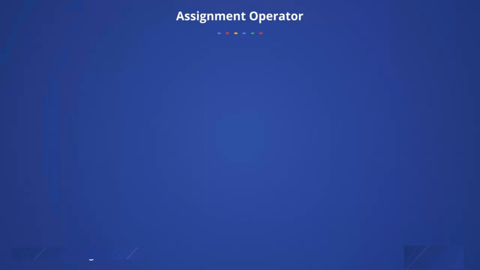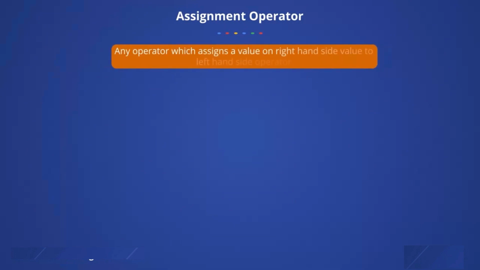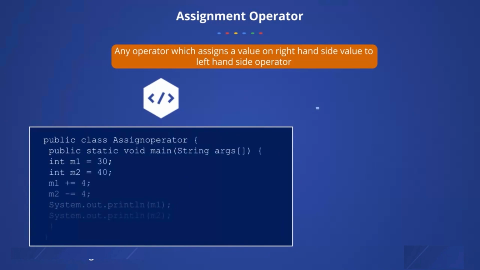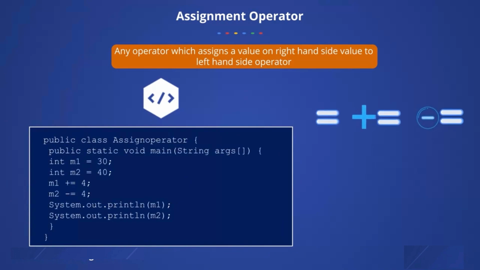Now coming to the assignment operator. Any operator which assigns the value on its right hand side to its left hand side is called an assignment operator. The basic assignment operator is equal to, and apart from that there are other flavors like plus equal to, minus equal to, star equal to, slash equal to, but the basic one is equal to. You can see 30 is getting assigned to m1, 40 is getting assigned to m2.